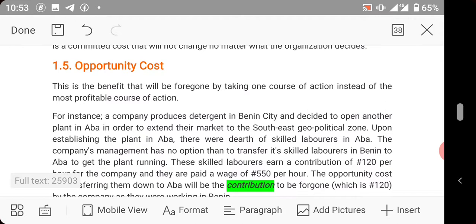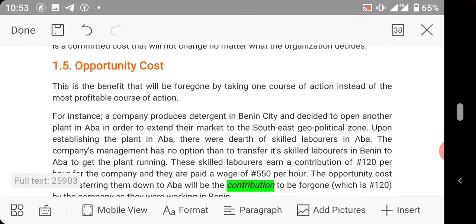Rather, you took another course of action. You see, you forwent the profitable course of action for the least profitable course of action.